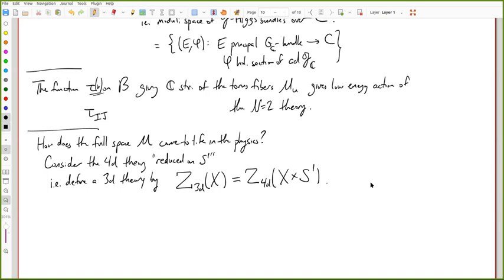Well, in general, it's very complicated. It's as complicated as the original 4-dimensional theory. But we can ask the same kind of question that we asked in 4 dimensions, namely, does it admit a simpler description if you only ask about the correlation functions at long distances? So let's ask about the long distance description of Z3D.